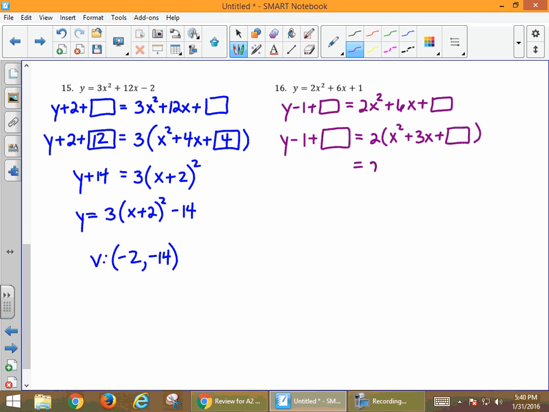The right side, 2. Half of 3 is 3 over 2. Into the box on the right is 3 over 2 squared, or 3 squared over 2 squared, which is 9 over 4. Don't forget to multiply your 9 over 4 by 2. That would give me 18 over 4, or 9 over 2.